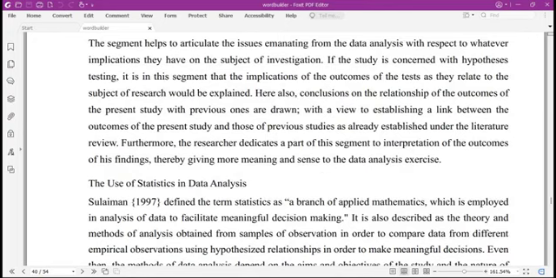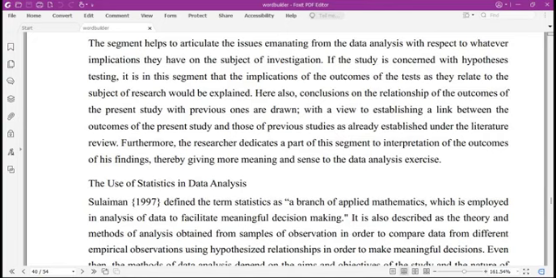Right. The use of statistics in data analysis. Sulaiman, 1997, defined the term statistics as a branch of applied mathematics which is employed in analysis of data to facilitate meaningful decision making. So statistics is also calculation.